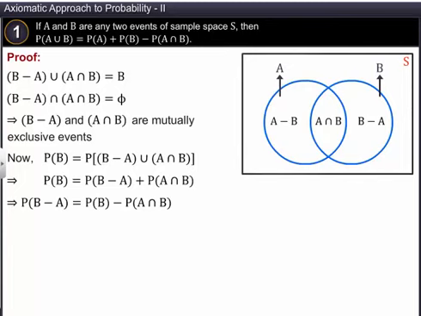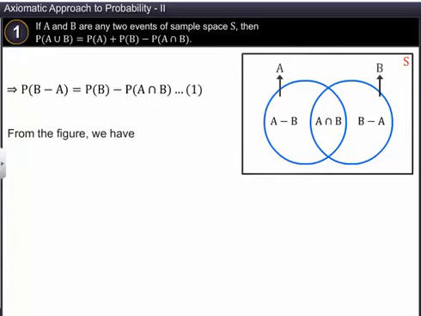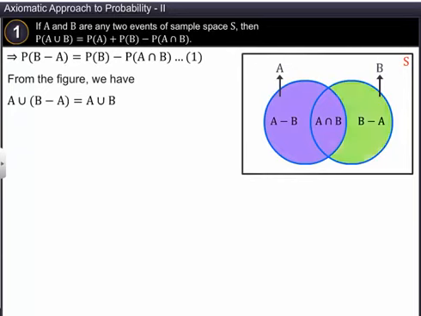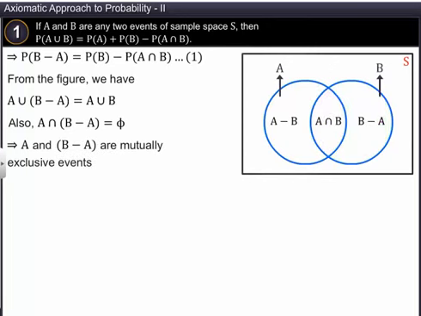Again, from the figure we have A union B minus A is equal to A union B. A intersection B minus A is equal to phi. This implies events A and B minus A are mutually exclusive.